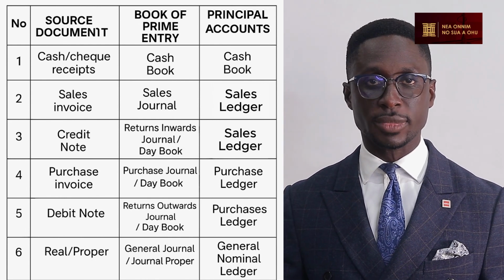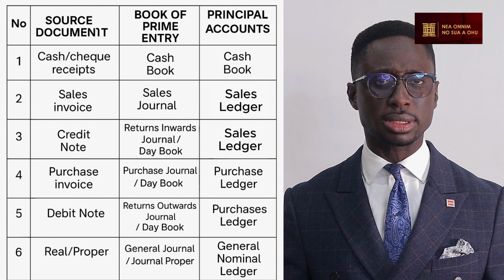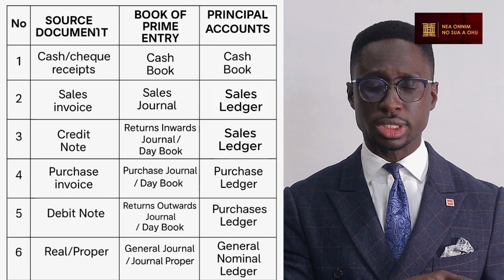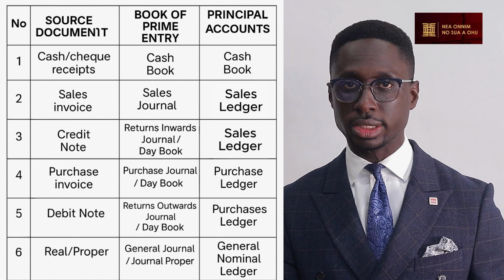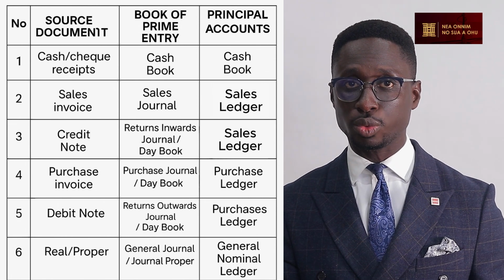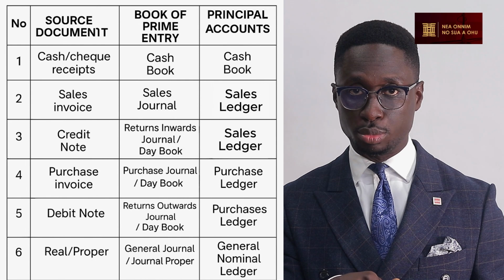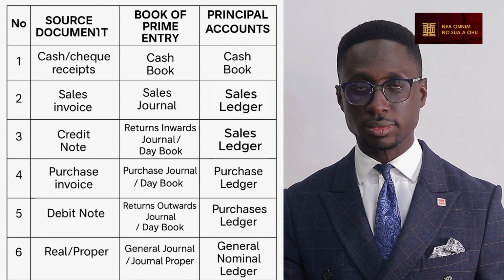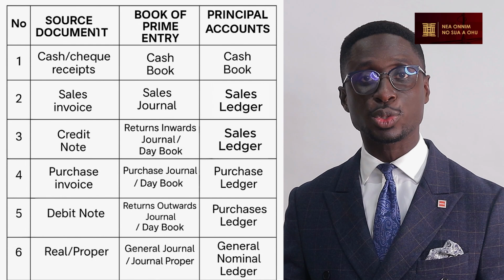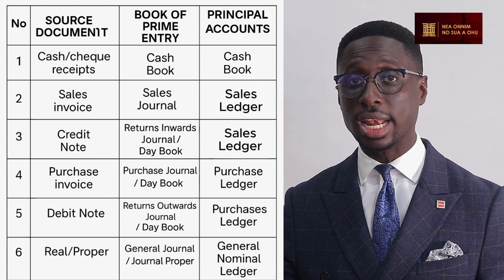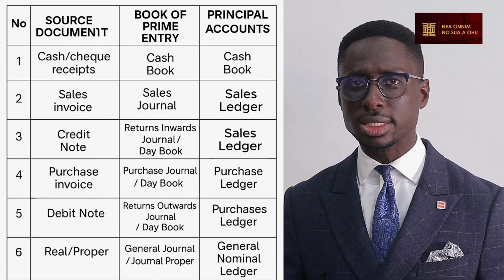All right? And then how about the credit note, the details of which we have recorded in the what? Return inwards daybook or journal. Its principal book of account is also going to be the sales ledger. Why is this the case?